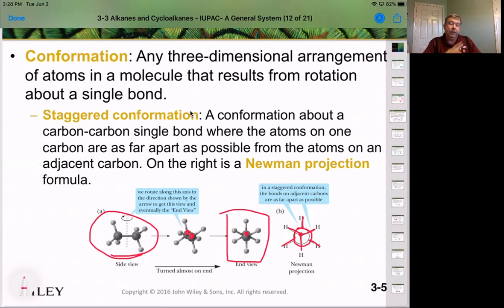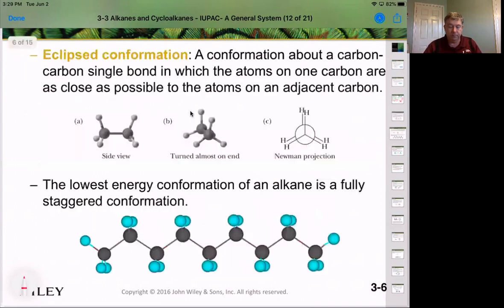Now, with just ethane, we only have a couple different things you can start to rotate around, and so they can actually start to have the hydrogens butt up against each other, okay? So when we rotate that from that staggered position such that those hydrogens are starting to interact with each other, we have what we call the eclipsed projection here.